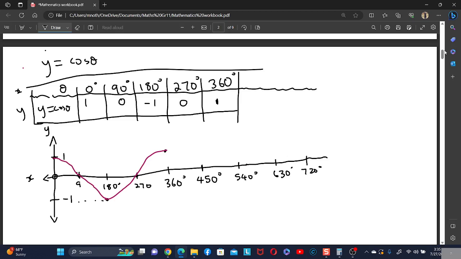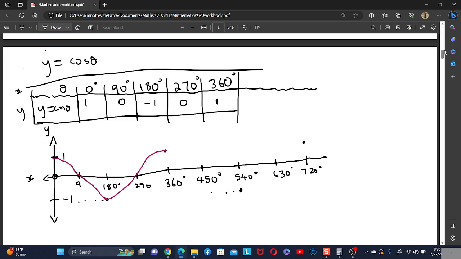Now we are going to say, cos 450 is going to be 0, and then cos 540 is going to be -1, which is here, and then cos 630 is going to be 0, and then cos 720 is going to be here at 1.